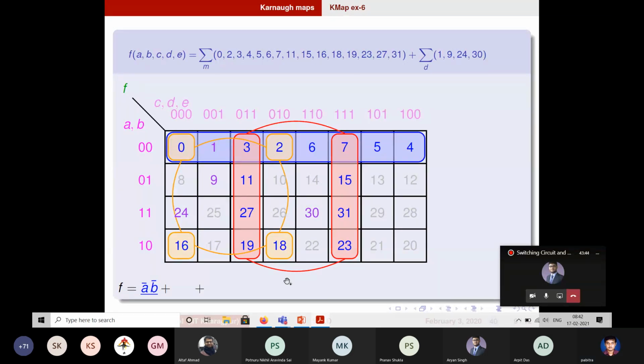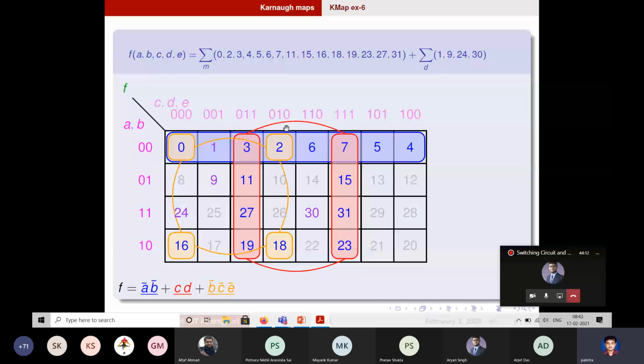And 3, 7, 11, 15, 27, 31, 19, 23 is CD. Now 0, 2, 16, 18 is a 4-sided thing: B bar, C bar. You can easily verify. There are no more.